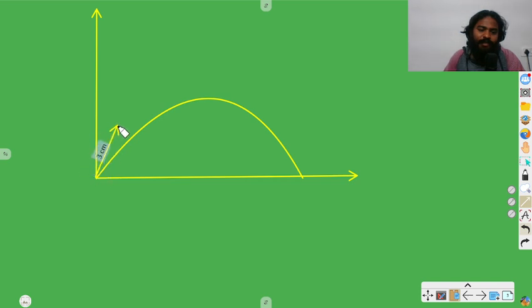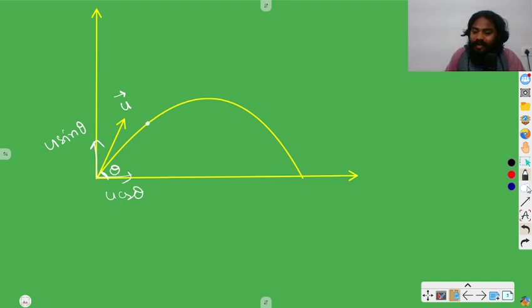This is the initial velocity, and this initial velocity is making an angle theta. This is u bar, and we know very well this u bar can split into u cos theta and u sin theta. Now after some time the object reached here.